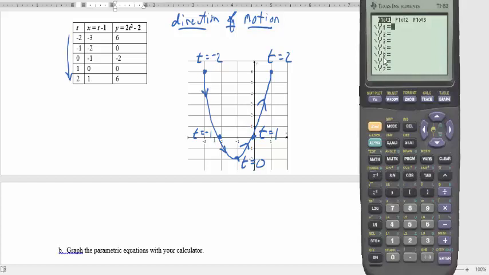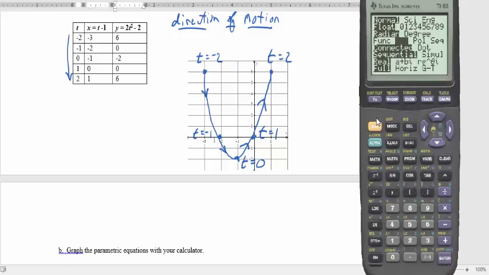This is for our traditional function notation. However, if we hit our mode button, and scroll down to the 4th line, we have function, which is our basic normal notation. But next to it, we have this PAR, which is parametric. So if we highlight this and hit enter, we're now going to be in parametric mode.